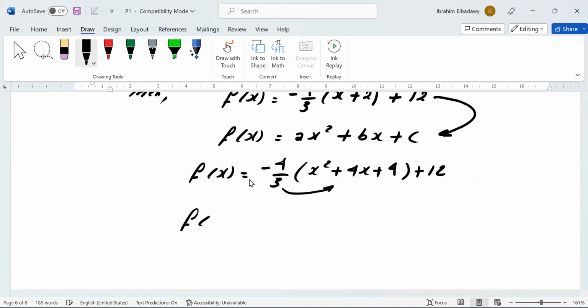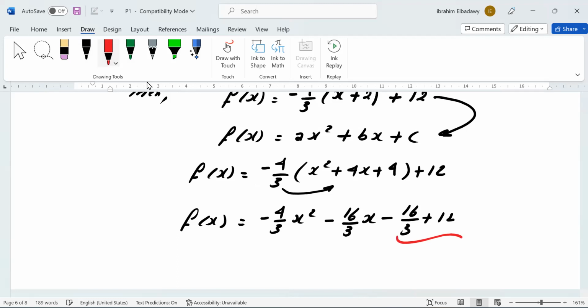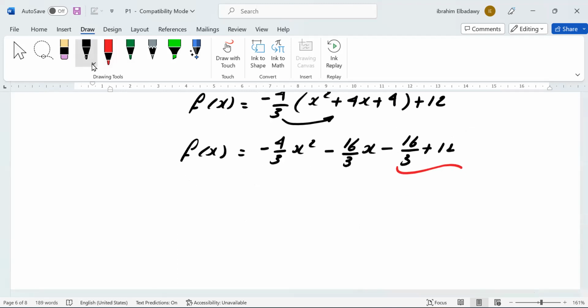It will be f(x) equal to negative 4 over 3 x squared, negative 16 over 3 x, negative 16 over 3 plus 12. Actually, here you can simplify the last two terms.